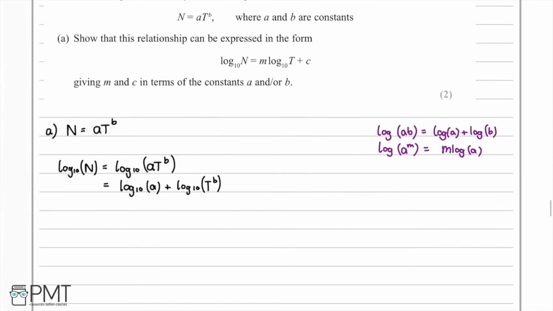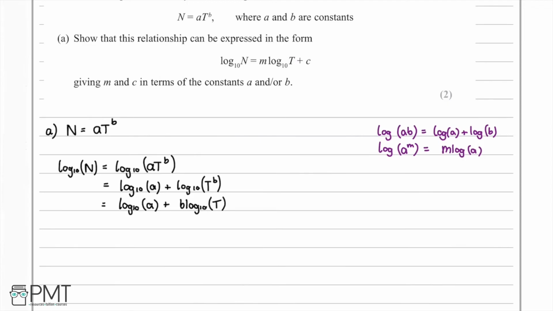Relating this to our question, our log10 of a will stay the same. And then this term here, we have our exponent b, and that will come down in front of the log10 t. So this leaves us with b log10 t.